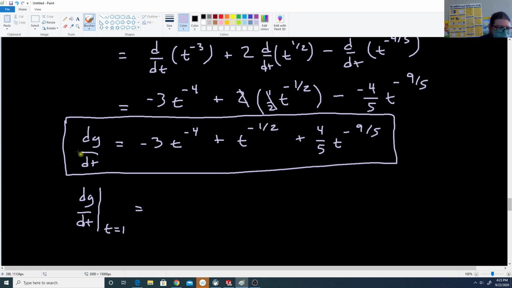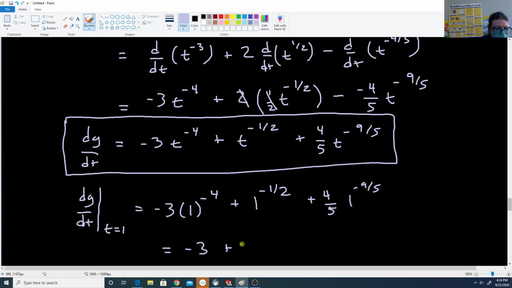So what this has to do is take the derivative function and replace all the t's with 1s. So 1 to the negative 4 power is 1, so we get negative 3, plus 1 to the negative 1/2 power is 1, plus 1 to the negative 9/5 power is 1, so we get 4/5.